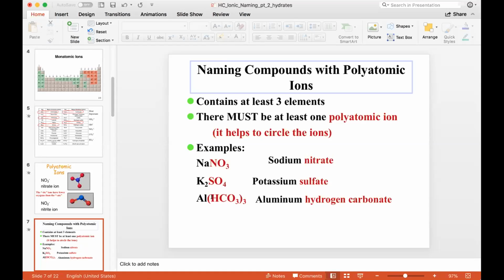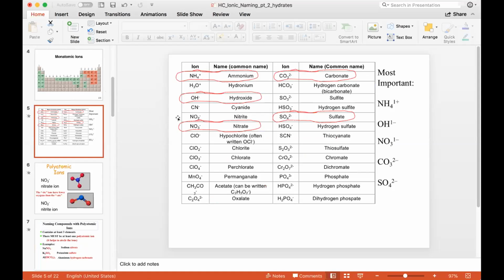Anyway, so you have aluminum and then this HCO3. And I'll show you about these parentheses with this 3 in just a moment. But the HCO3 is right here. That HCO3 is called hydrogen carbonate or bicarbonate. Sometimes it's called bicarbonate, sometimes hydrogen carbonate.